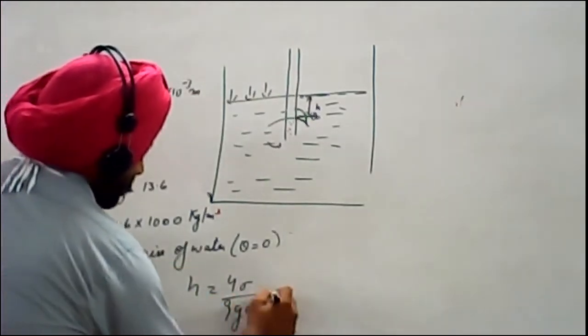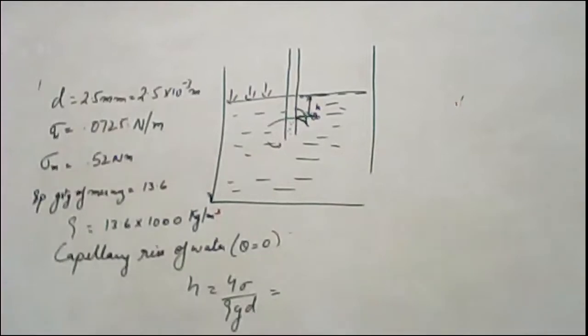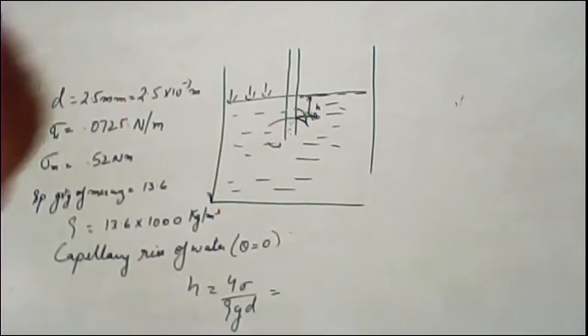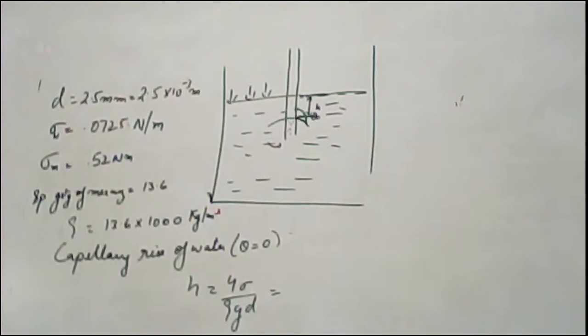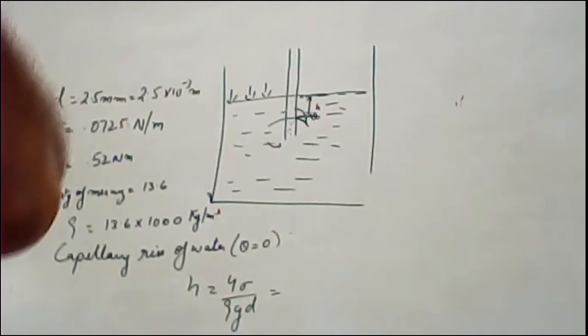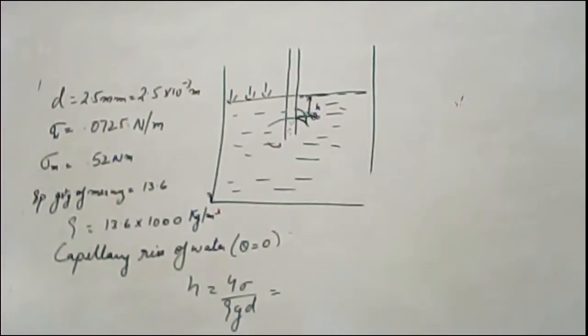You can put this value to calculate the value of H. Anybody who has calculated that, you can inform me. What is the value of 4 sigma by rho GD, this particular formula that is written on your board for H.